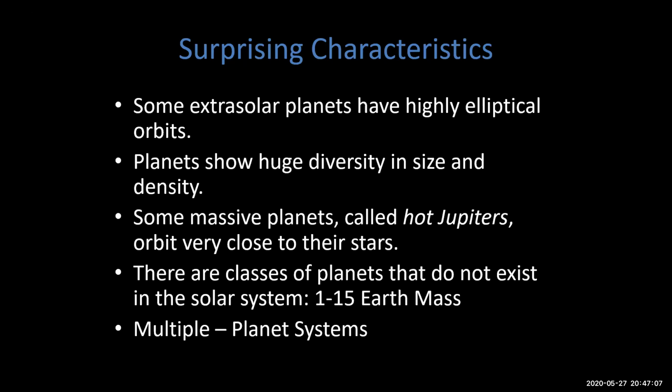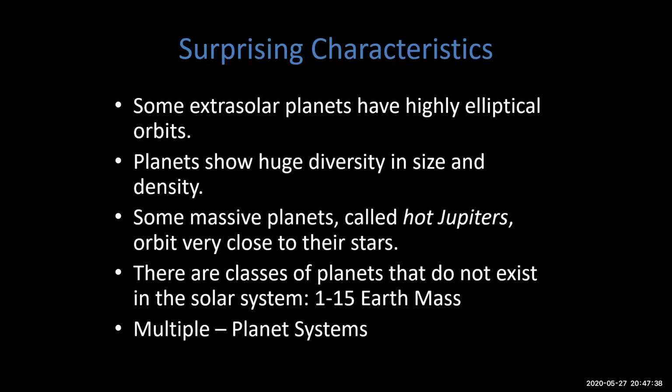Also, based on the findings, there are a lot of planets out there that are not like any planets in our solar system. There are a lot of 1 to 15 Earth mass planets, where we top out at 1 and then we get to 15. We don't have any of that intermediate zone, whereas there are a lot of representatives of that intermediate zone in the population that's been detected.